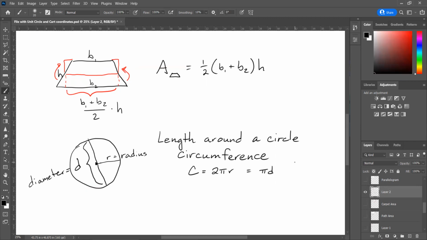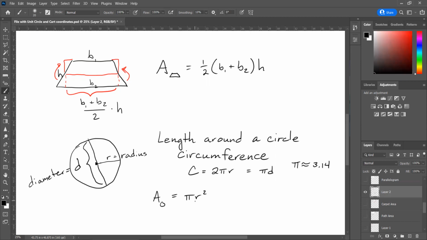Now, pi is about equal to 3.14, which you can use in your calculations. You may have a pi button on your calculator, and you can use that as well. But if you don't have the pi button, you can just substitute 3.14 for pi. Now, the area of a circle, again, takes pi into account. It will be pi r squared.